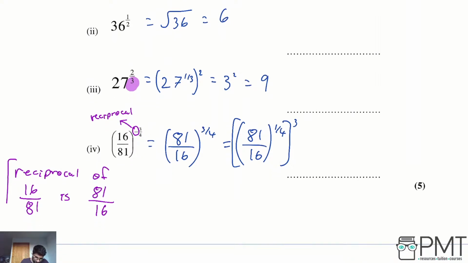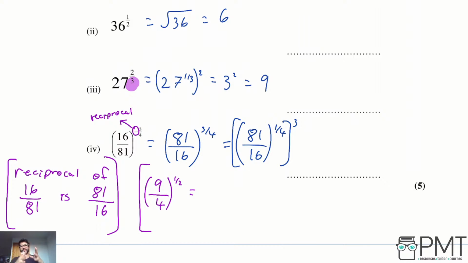So this is our first note. The other one you need to remember is, let's make a simpler example, 9 over 4 to the half. I want to take the square root of the whole thing. What's the square root of 9 over 4? This is the same as the square root of 9 divided by the square root of 4.